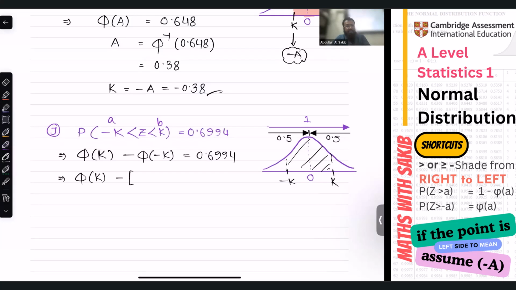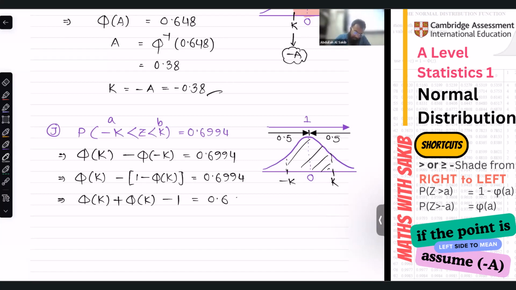If there is a minus inside a phi, then we can write 1 minus phi K. That's equal to 0.6994. So that's equals to phi K plus phi K minus 1, and that's equal to 0.6994. So 2 times phi K equals 1.6994.